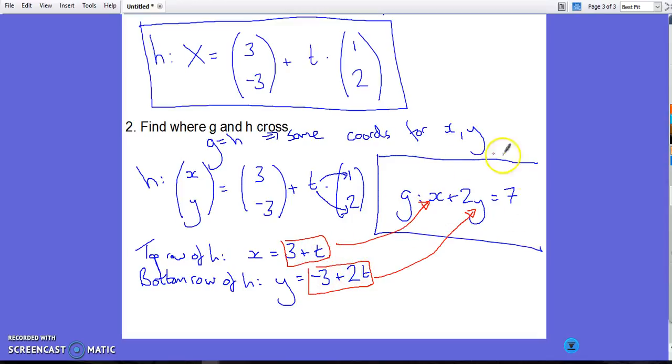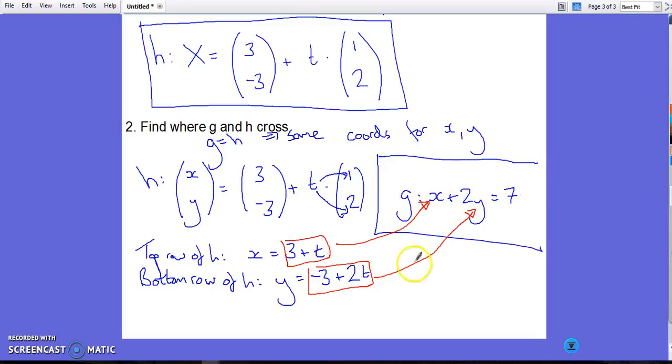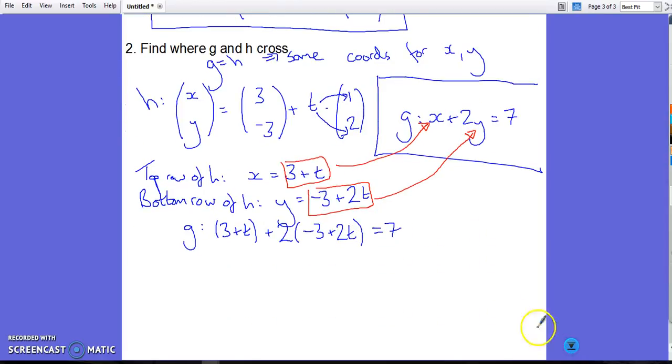works in G. So instead of writing G as x plus 2y equals 7, I can say that G is now 3 plus t instead of the x, plus 2 times minus 3 plus 2t for the y, is equal to 7. And then I can multiply this out.